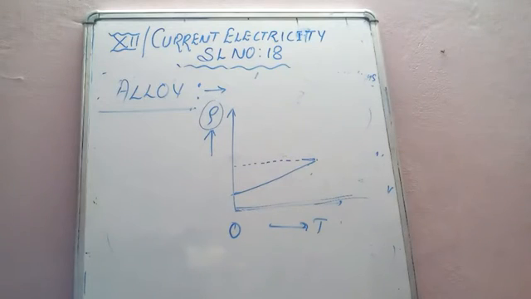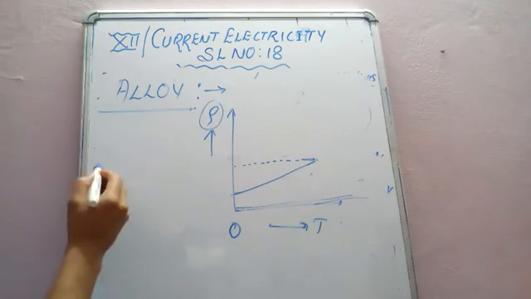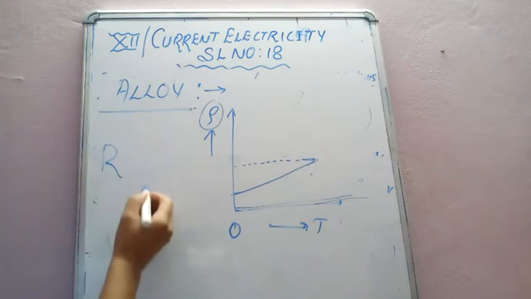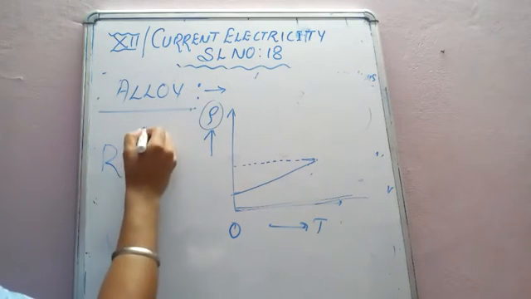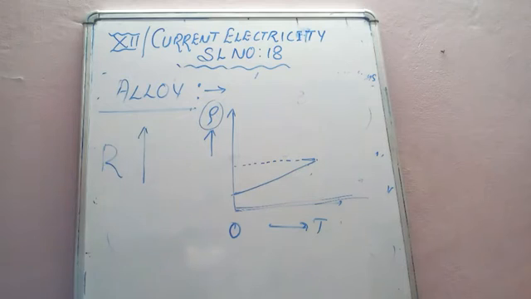So a question can sometimes be asked: why do we prefer alloy material for making a standard resistor? The reason is very simple. A standard resistor means the value of R will not vary with rising temperature.